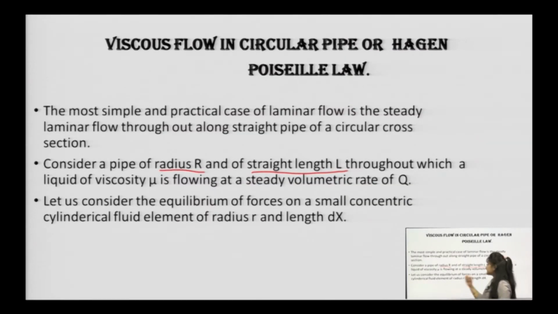Let us consider the viscosity of the fluid flowing as mu, with a steady volumetric rate of flow Q, where Q is nothing but the rate of flow. For equilibrium, we already know that all the forces acting on that elemental fluid, with respect to the pressure, should be equal to 0, or the summation of net forces should be 0.